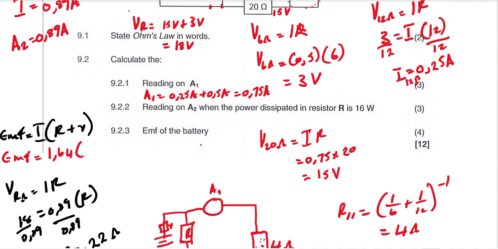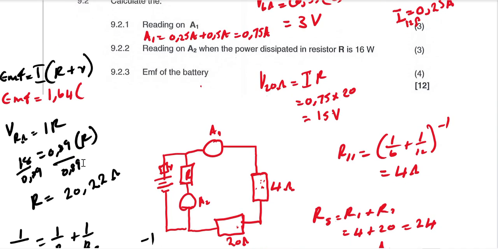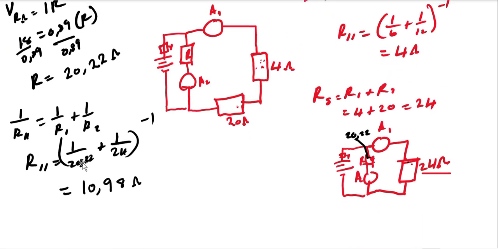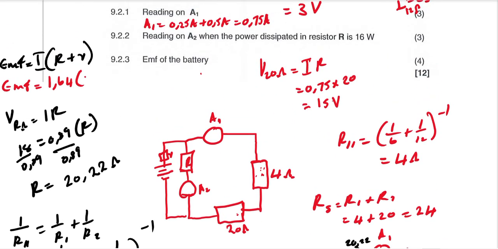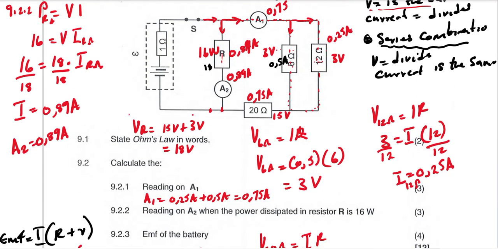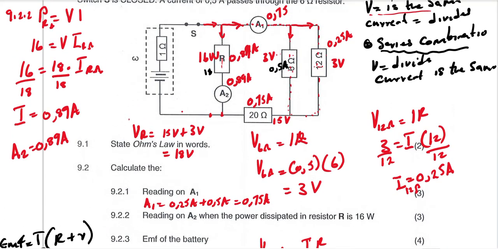What we said, our R external is 10.98. Here we're going to have 10.98 plus our R internal. Since here we know that our current will be 1.64, at this point it will also enter here with 1.64 because it is not splitting.